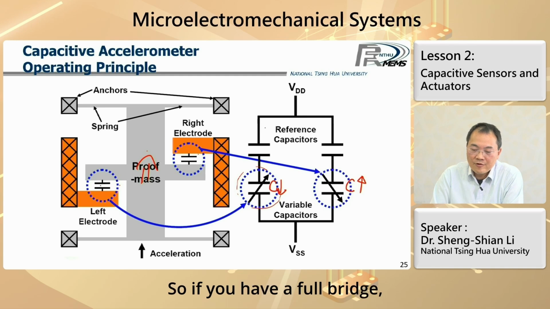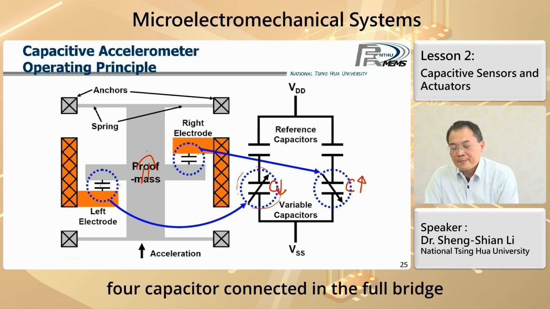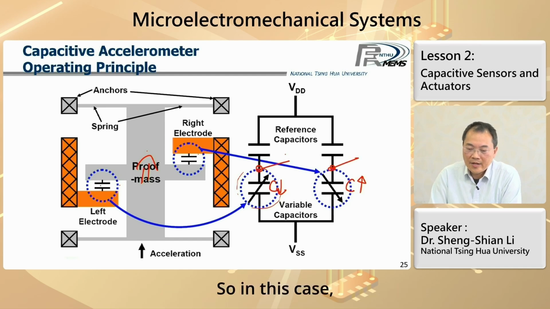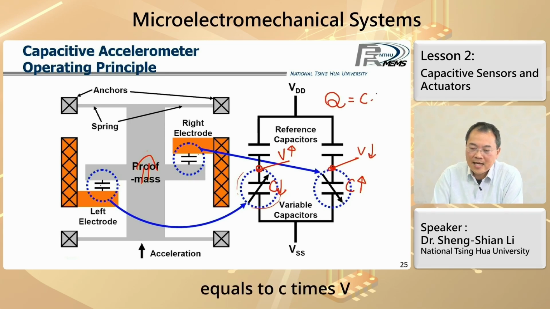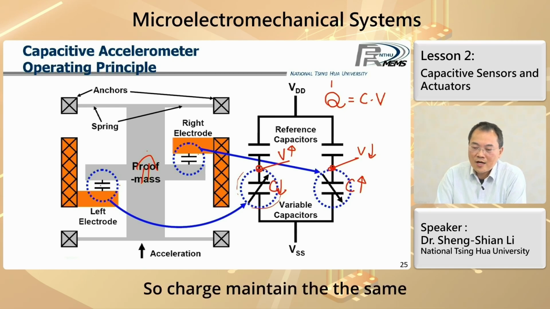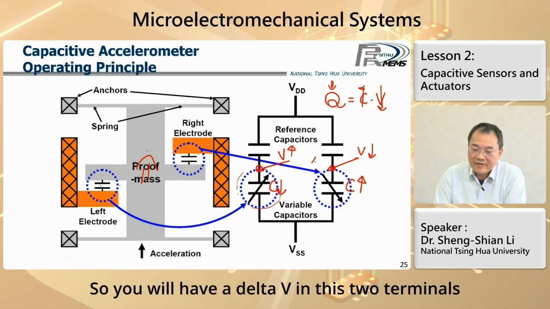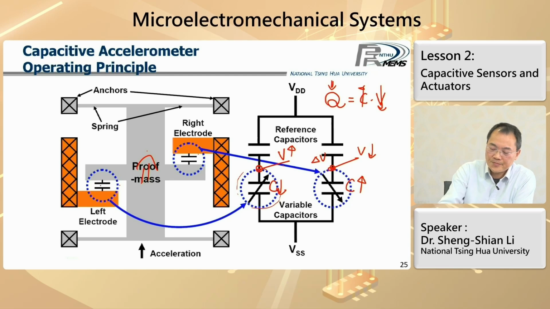If you have four capacitors connected in a full bridge, you will be able to sense these two nodes. In this case, V goes up. In this case, V goes down. Based on charge equals C times V, the charge stays the same. If your C goes up, V will go down. So you will have a delta V across these two terminals.